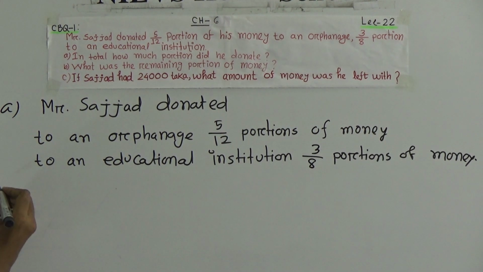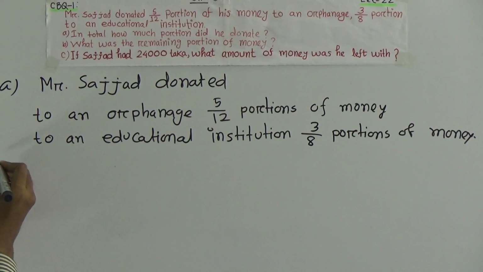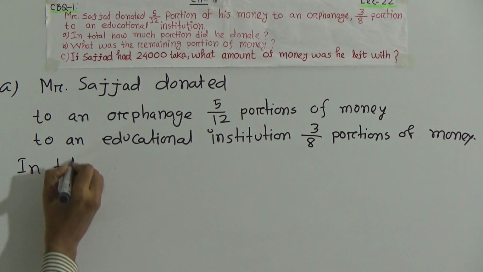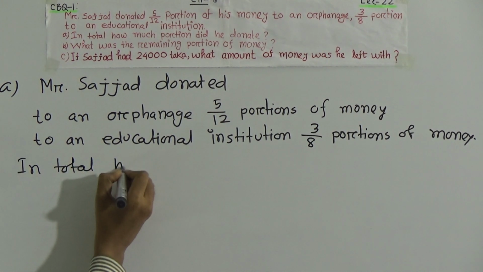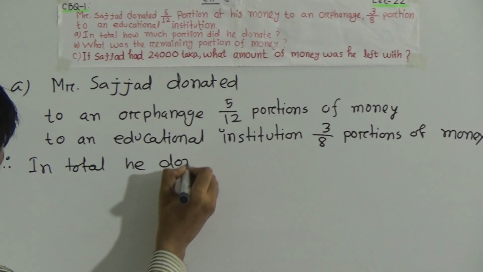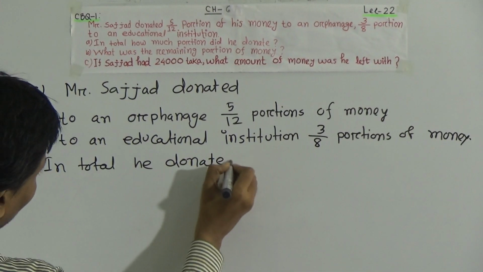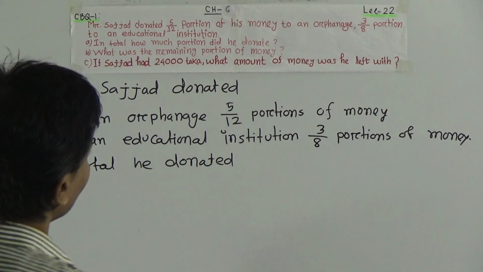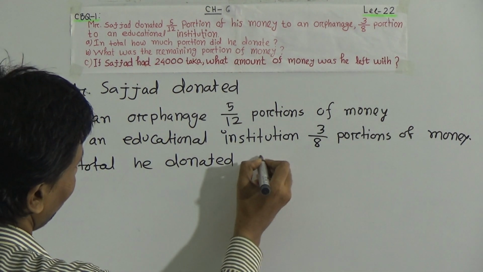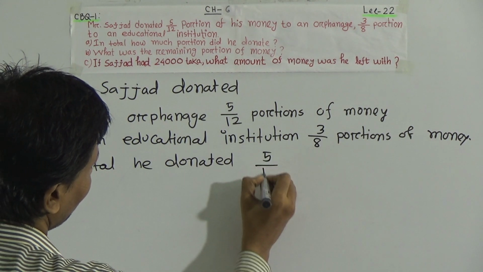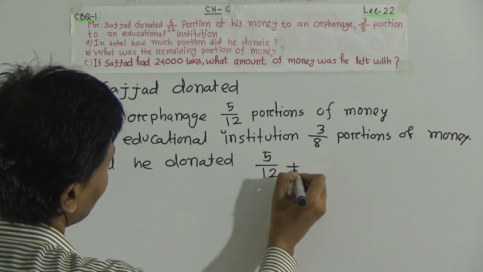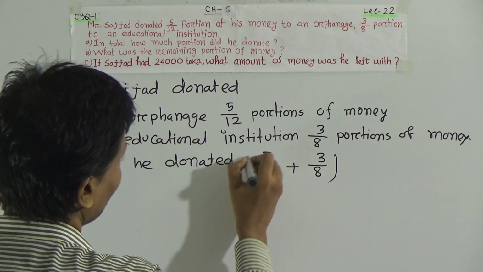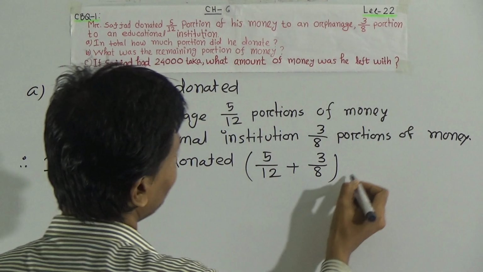Okay, now write. Therefore, in total, he donated 5/12 plus 3/8 portion of money.